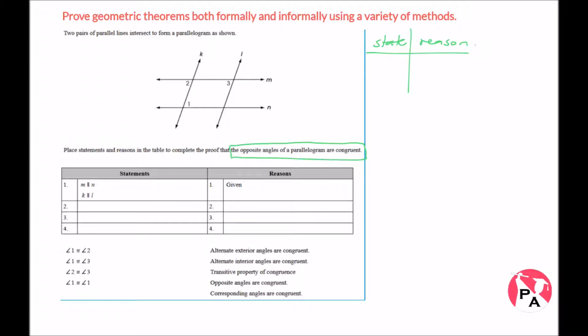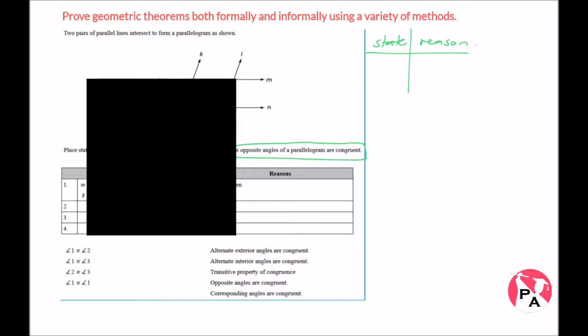So let's see. We need to prove that the opposite angles of a parallelogram are congruent. First step, identify the opposite angles, because this is what we need to prove. And you remember, what we need to prove should be in the last statement. So first step, locate the opposite angles in the parallelogram. Here's the parallelogram.